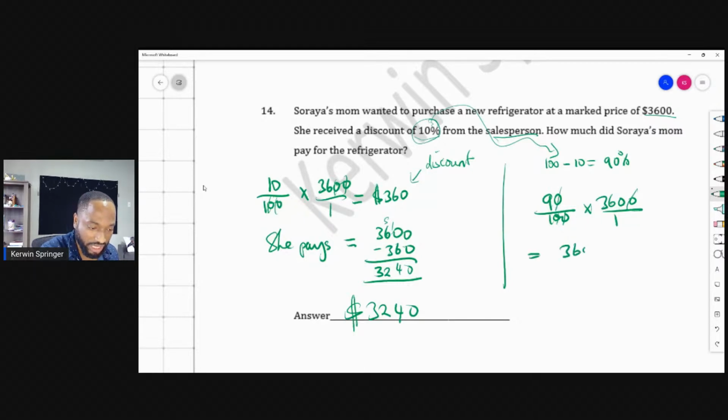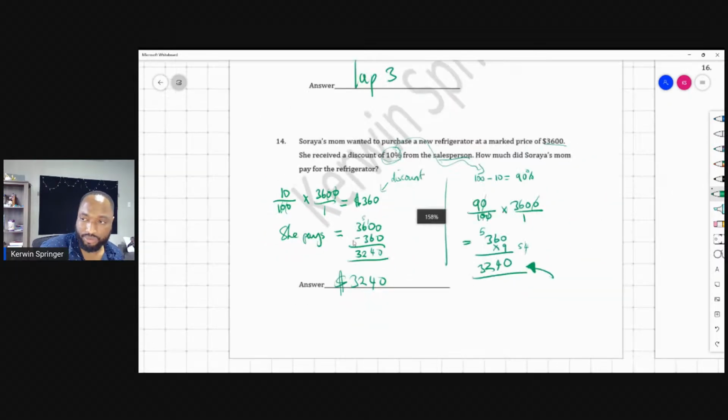So 360 times 9, 9 times 6 is 54, put the 5 there, right? You see that, right? And 9 times 3 is 27 plus 5 is indeed 32. So that's another way to do it, and this way is a little faster in certain applications. It helps if you know this way in secondary school. But you can do it this way as well.